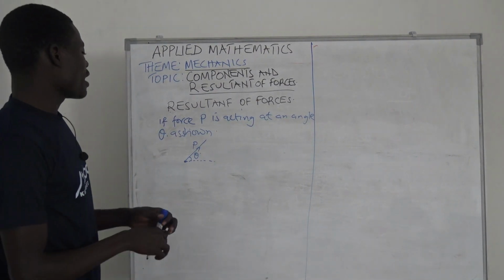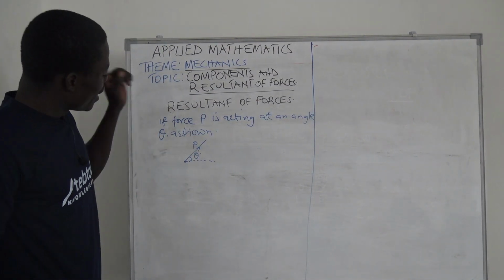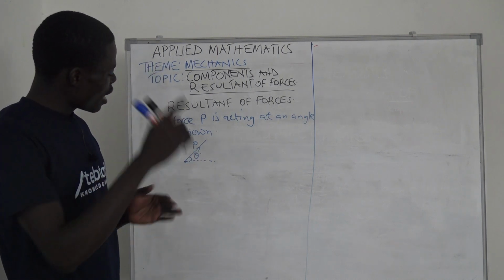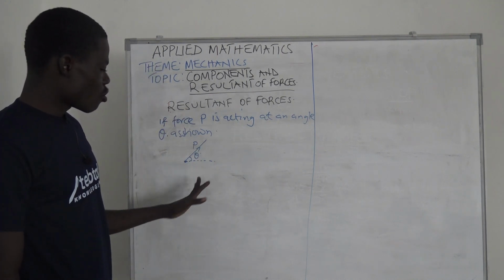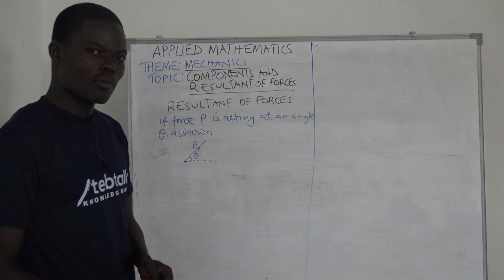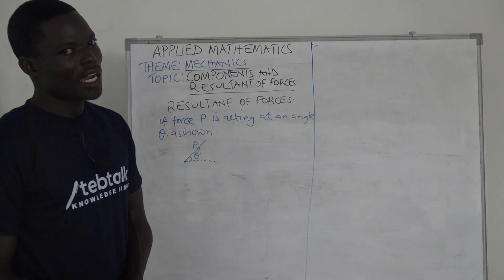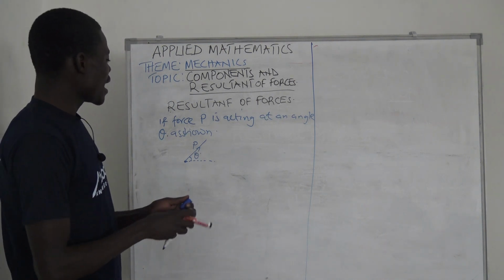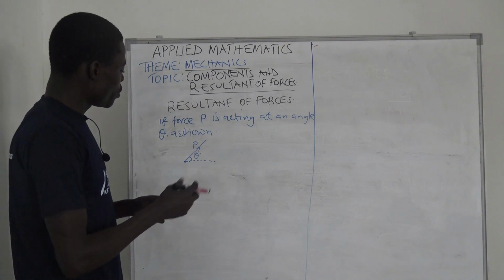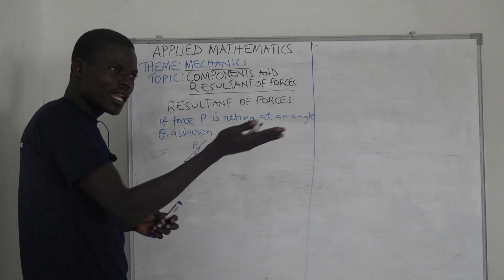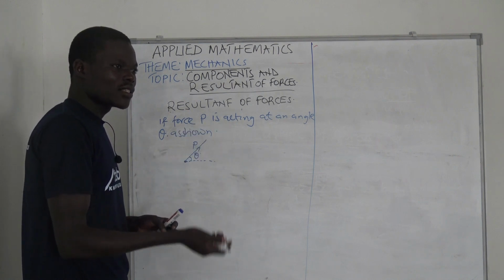So from the previous example, we said that this force has both vertical and horizontal components. And then we looked at how we can calculate the vertical component of force, and how we can calculate the horizontal component of force. So let us say that the horizontal component of this force P will be Px, because the horizontal component is in the x-axis direction.